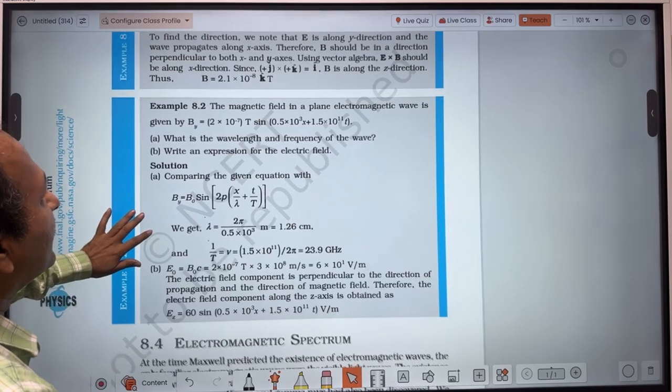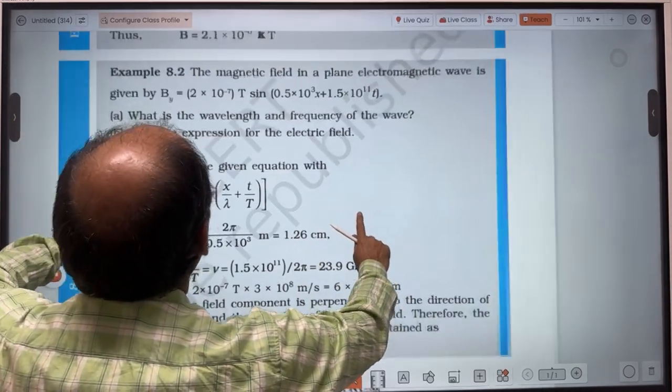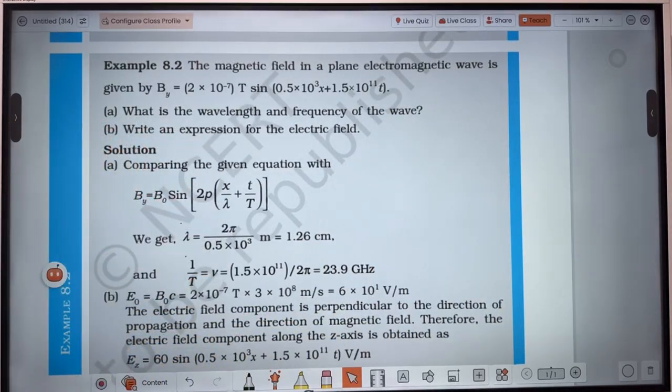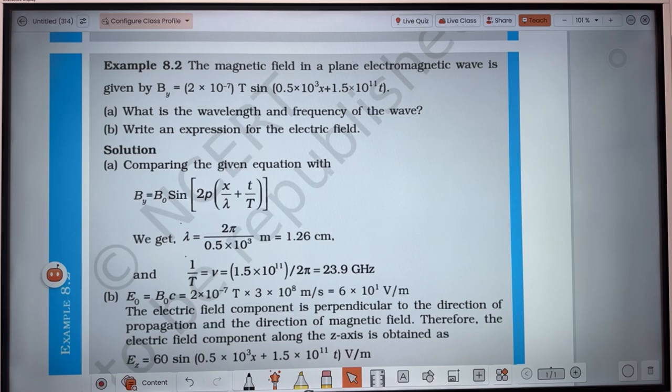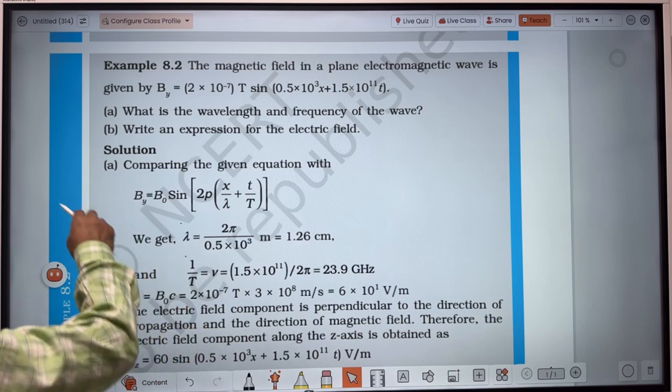Right? Now consider another question. The next question says the electric field in a plane electromagnetic wave is given by By equal to 2 into 10 power minus 7 Tesla sine (0.5 into 10 power 3 x plus 1.5 into 10 power 11 t).